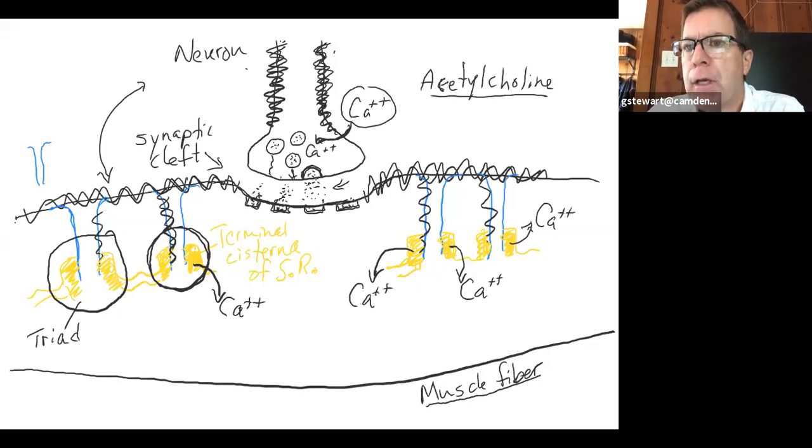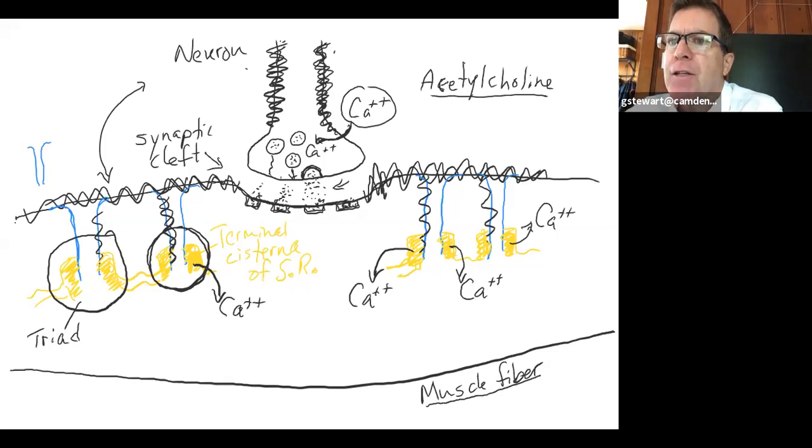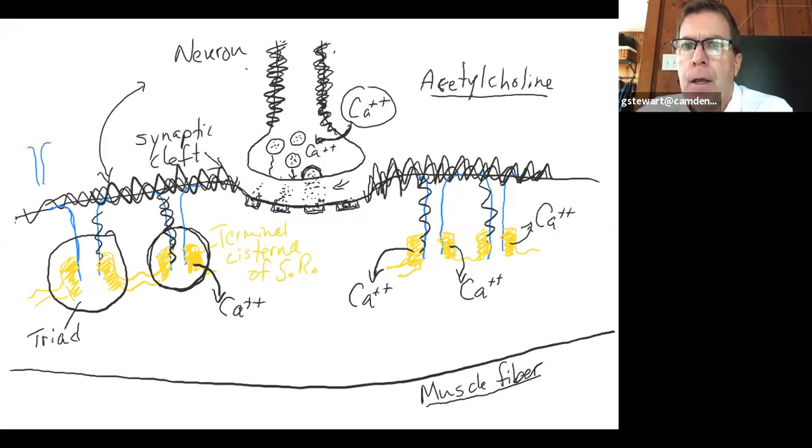When acetylcholine binds to receptors on the motor end plate of the muscle fiber, it initiates an action potential, electrical stimulus, along the sarcolemma of the muscle fiber, like this. That action potential, electrical stimulus, is guided inward via these T-tubules.